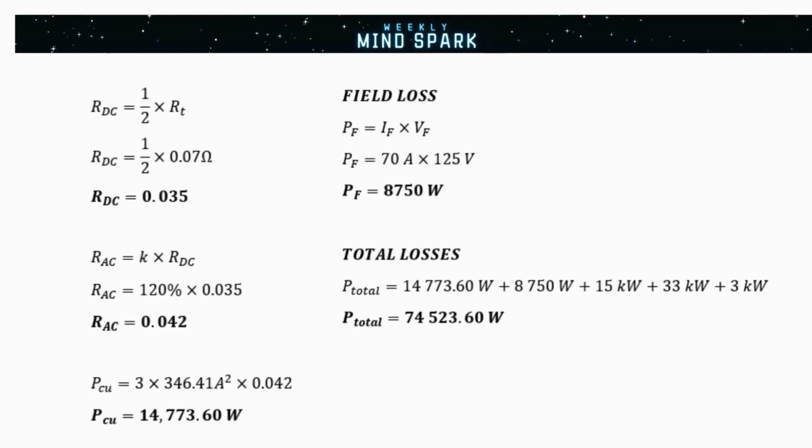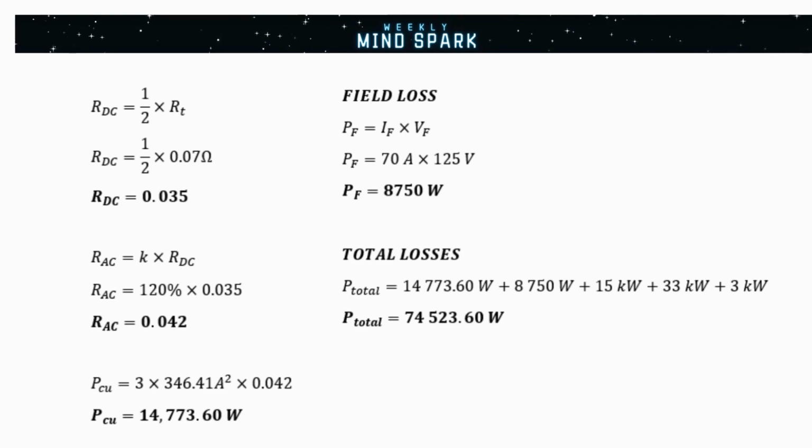So now we can solve the copper loss. PCU is equal to 3 times 346.41 amperes squared times 0.042. So we get 14,773.60 watts.